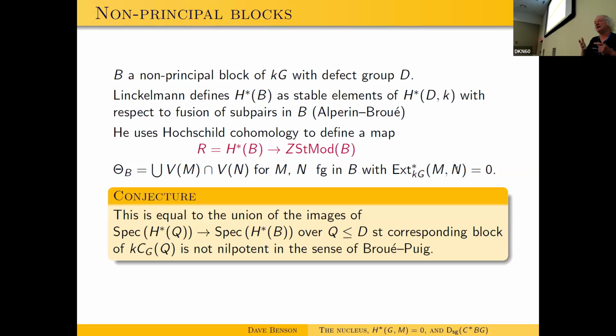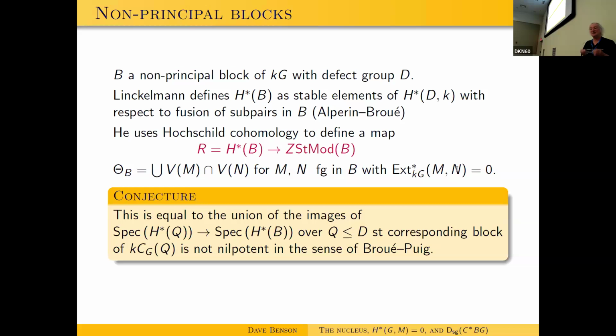But a module has no Tate Ext if and only if there's no Ext, because we're outside the principal block here. Oh, that's not actually quite true, is it? So I think I have to put a hat on that Ext, sorry. Yeah, there might be Homs between two modules in a non-principal block that factor through projectives, but not otherwise.